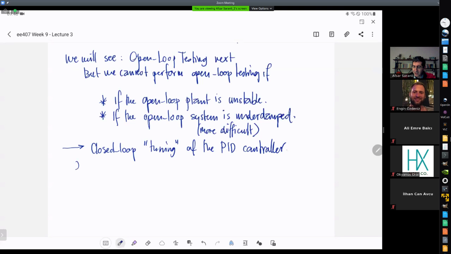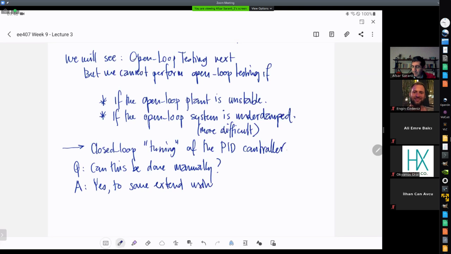But the question here is, can this be done manually? Okay, and the answer to that is yes, to some extent, using the Ziegler-Nichols method. So we will discuss that right now.